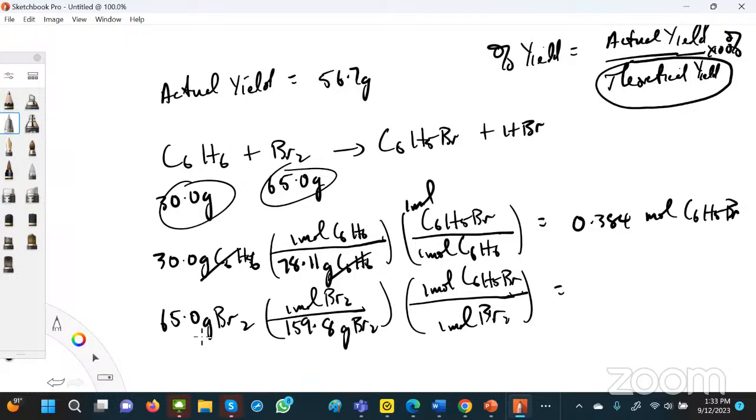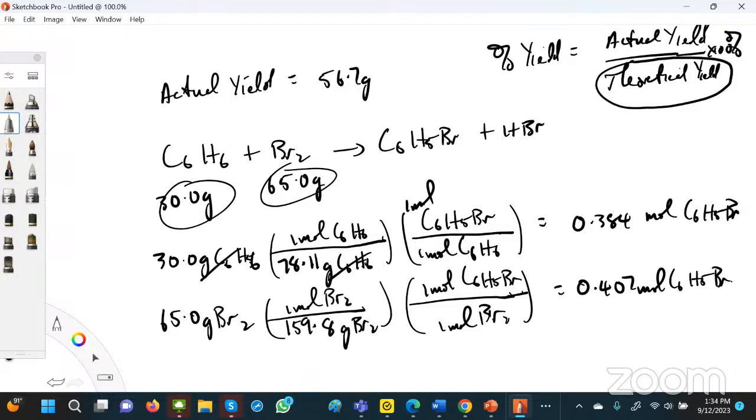So again, we need to do our number crunching. So 65 divided by 159.8. According to my calculations, this works out to be 0.407 moles of C6H5Br. Okay, what next?